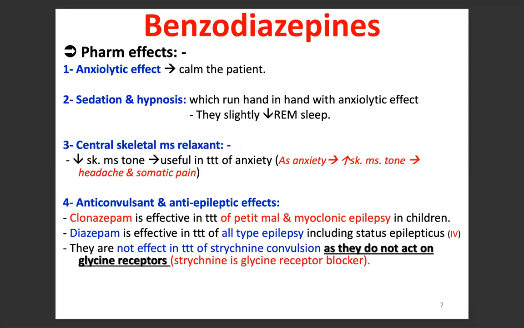As we know, sleep has some patterns: non-rapid eye movement sleep and rapid eye movement sleep. So it generally reduces the rapid eye movement sleep, and it produces sleep resembling normal, natural sleep.